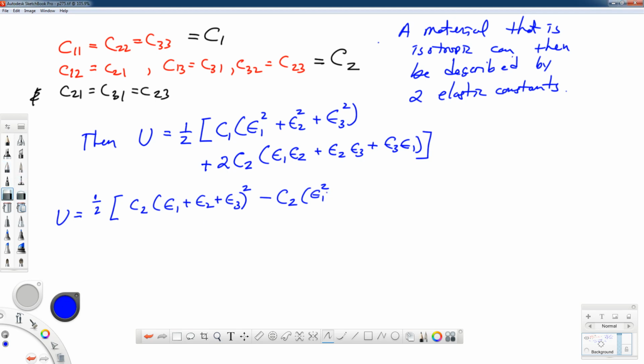This second term here, I can rewrite in two terms that look like this. The first one is C2 times epsilon 1 plus epsilon 2 plus epsilon 3 quantity squared, and the second term is going to be C2 times epsilon 1 squared plus epsilon 2 squared plus epsilon 3 squared. And then I have my first term that I'm just going to rewrite.